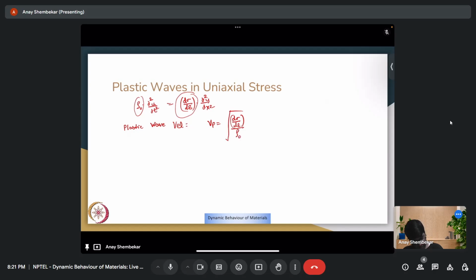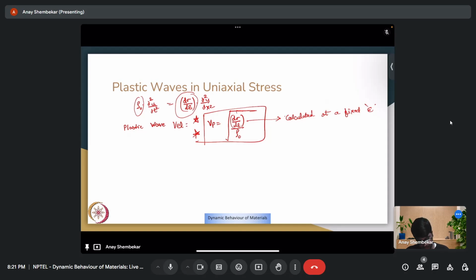The important point here is that this d sigma by d epsilon is calculated at a fixed strain value.